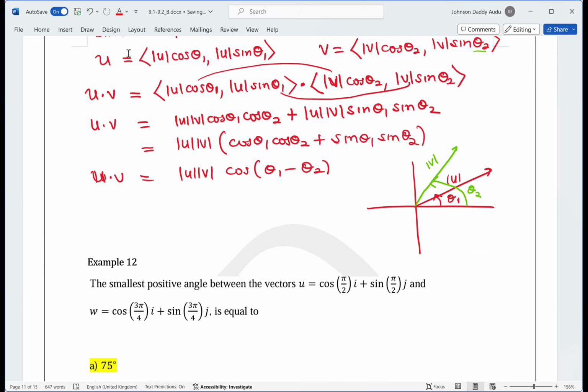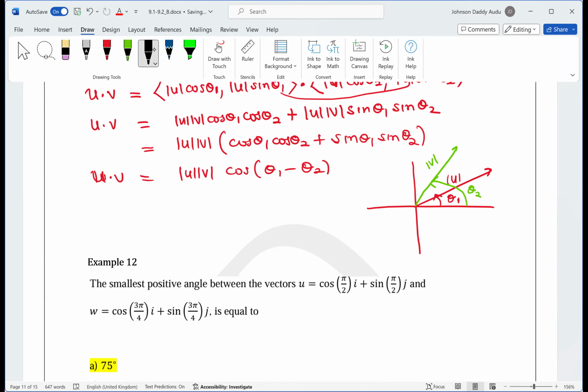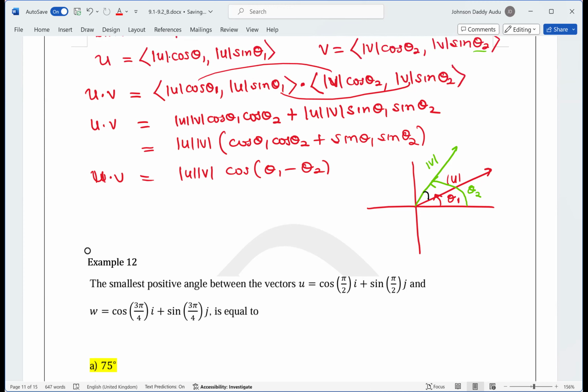So you can see the angle between the two vectors u and v is nothing but what? But this small angle here, because this is u and this is v. So you see, this is our theta actually. And you can see that the theta here is just going to be theta 2, or you can say theta 2 minus theta 1. It's okay.